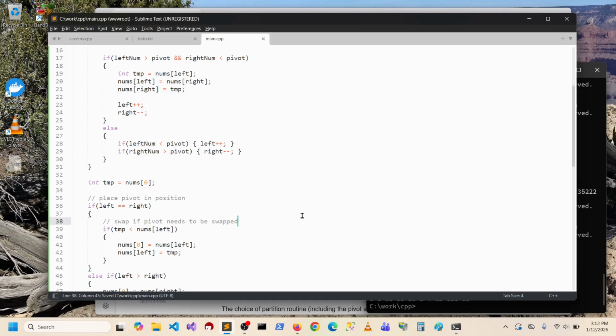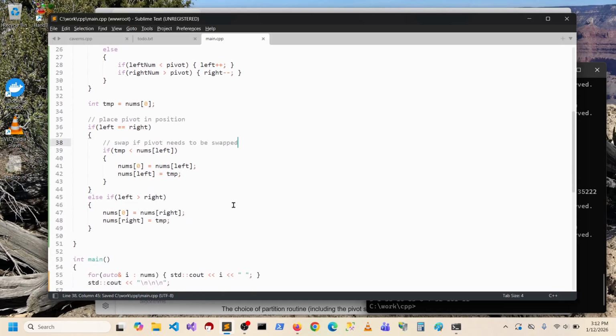Okay, so in that case, but that's only if they equal, right. It should be the same thing here too, except instead of nums left, we're going to do nums right. I always mess it up when I copy and paste, so let's just write it out.